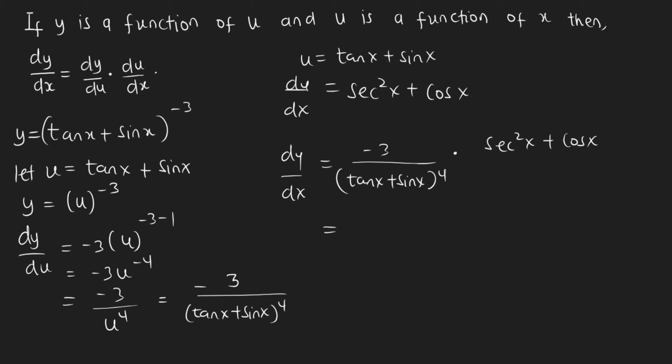So further simplifying this, we're going to have minus 3 multiplying (sec squared x plus cosine of x), all this divided by (tan of x plus sine of x), all to the power 4. Okay, so this will be the derivative of the function that was given.